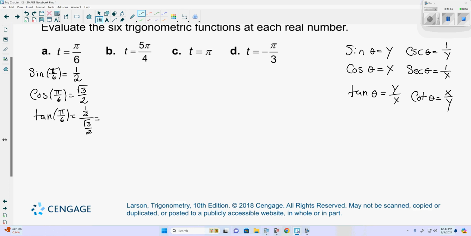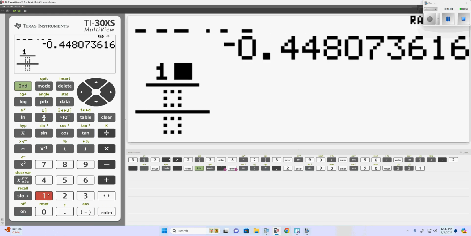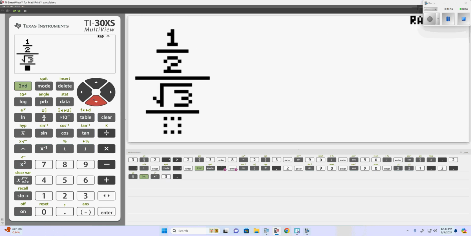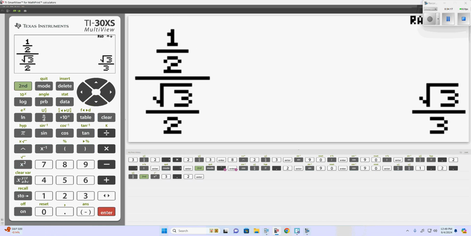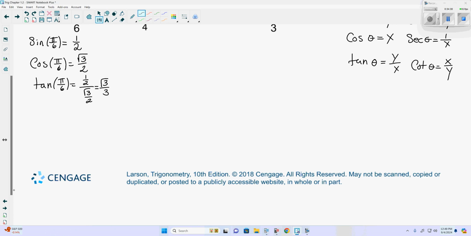Well, we can't leave it like that, so one half over square root of 3 over 2 simplifies to square root of 3 over 3. CSC, cosecant, is 1 over y.